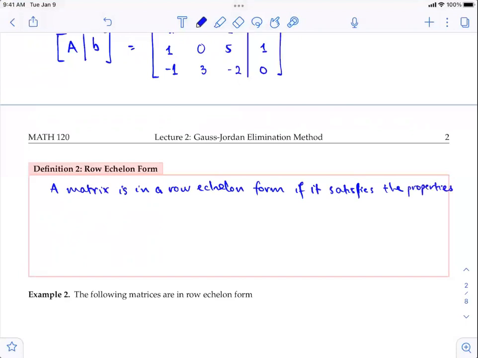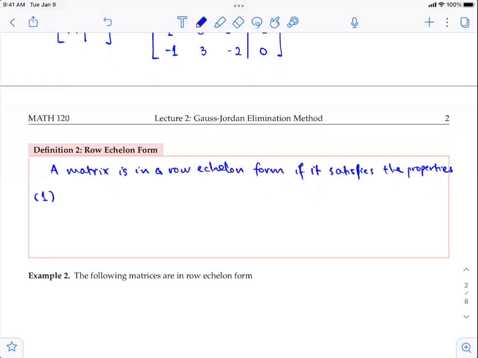There are two properties that help you define if a matrix is in row echelon form or not. The first property is that any rows of zeros are at the bottom of the matrix.